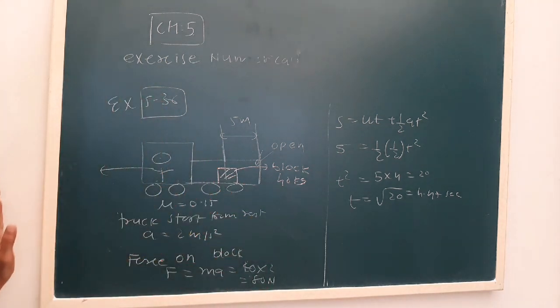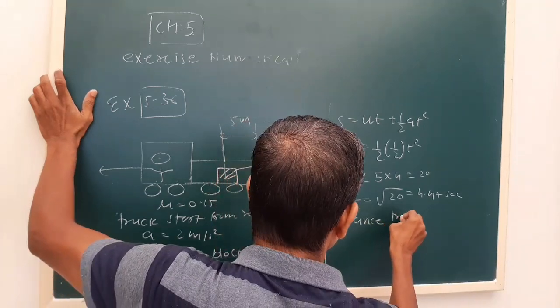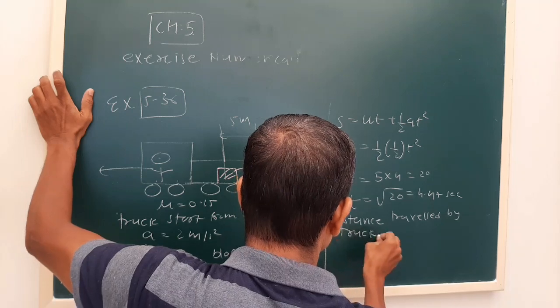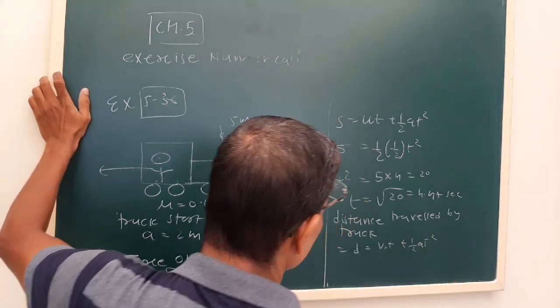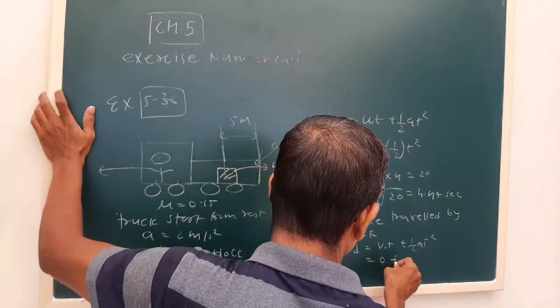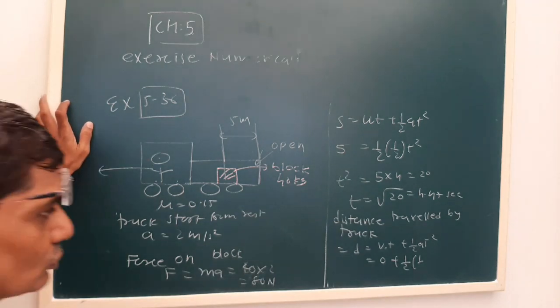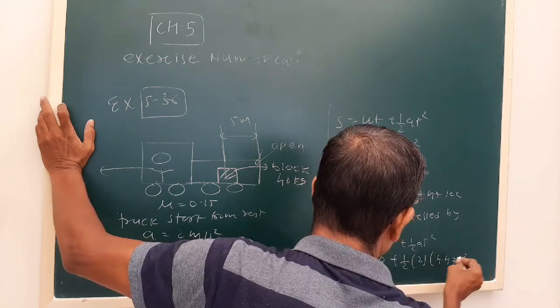See, we have to calculate how much distance the truck will travel during this time. The distance traveled by truck, D is equal to V0 t plus half a t square. Again, the truck starts from rest, so the initial velocity is zero. Acceleration of the truck is given as 2 meter per second square, and time is 4.47, whole square.